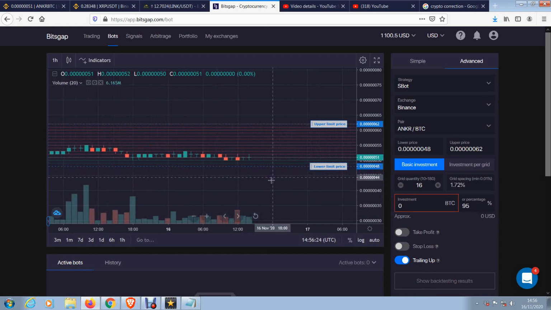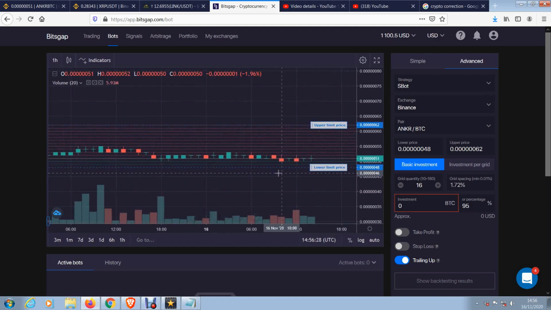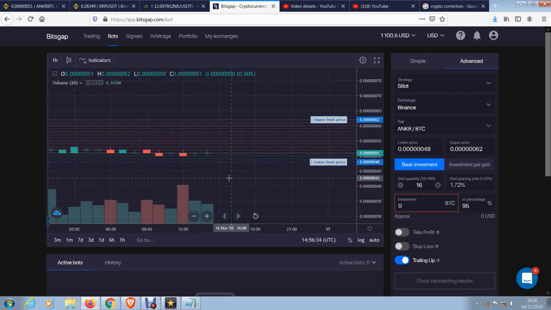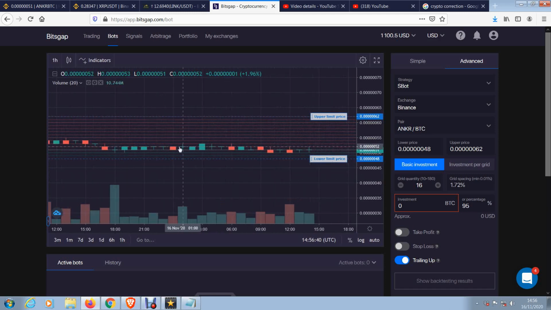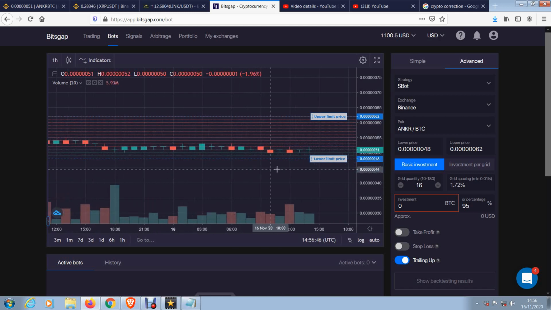What that means is that each one of these ticks is very likely to have your orders filled, so you can still profit on each one of these ticks up and down. Remember when we looked at the Harmony 1 trading bot that I'd set up, that had a lower 24-hour trading volume than Anchor, and more or less the same kind of range, a very small range.